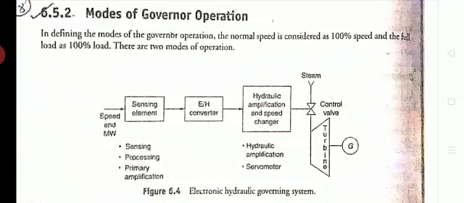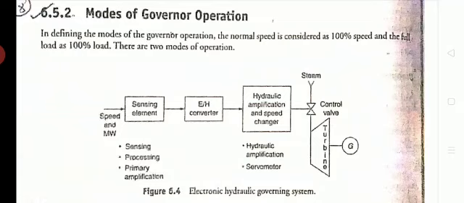So why we need to study the modes of operation of the governor: we are controlling the turbine speed, or we have the governing mechanism, to control the frequency of operation. There we study what type of governing system we use for isolated systems, and what type of governing mechanism we use in the interconnected system.